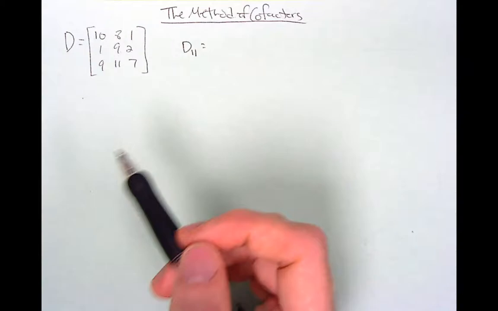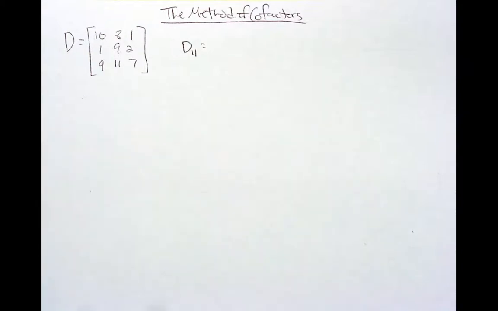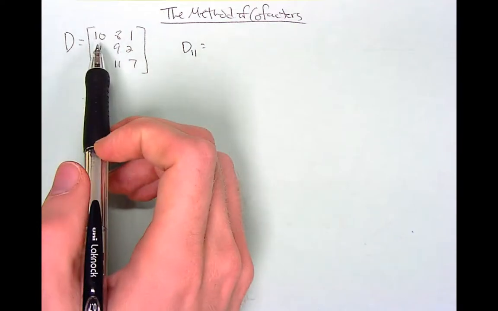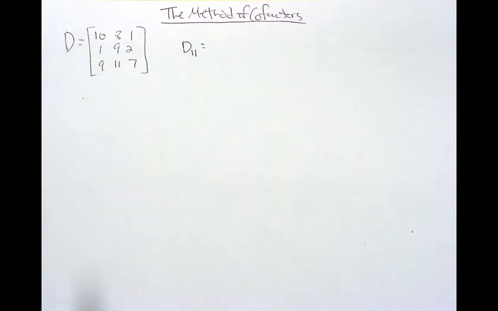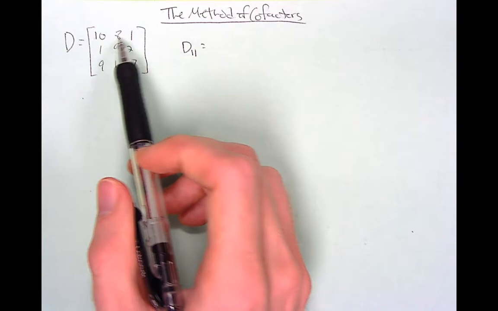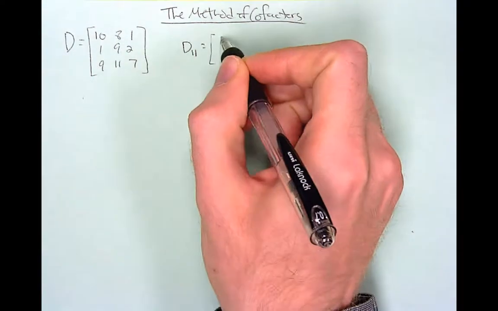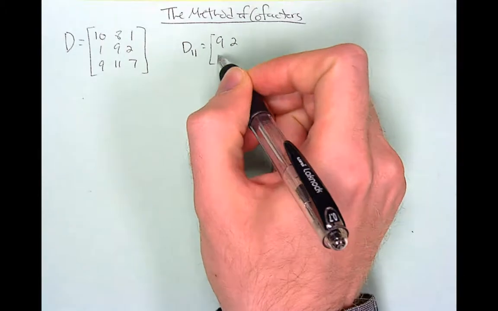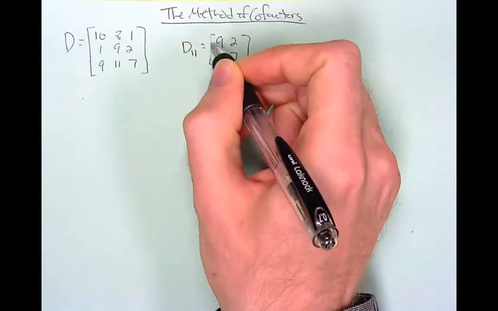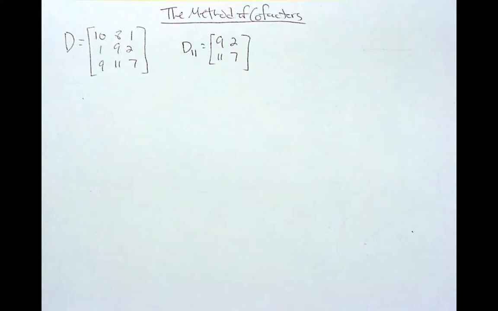So for the first element of D, which is 10, we ignore the rest. So we ignore 8 and 1, and we also ignore 1 and 9, and we're left with 9, 2, 11, 7, which is the minor for the first element of D, which is 10.